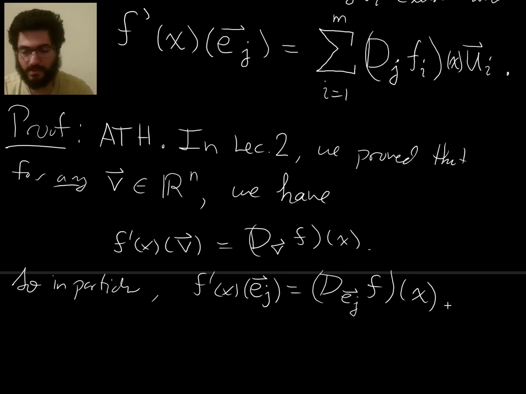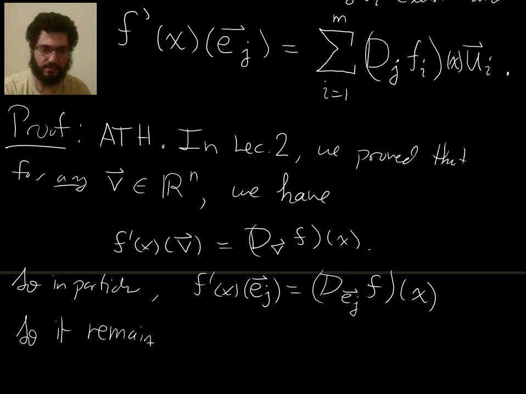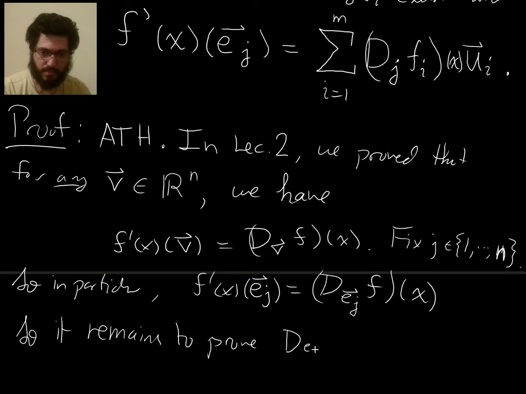Alright, so we're actually kind of almost done. But what I wanted to get on the right side was this sum up here, right? So it remains, by the way, I should have said fix j up here. Fix j, 1 through n. So now it remains to prove that this directional derivative is equal to that sum.